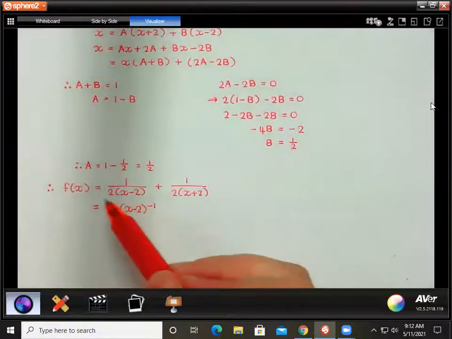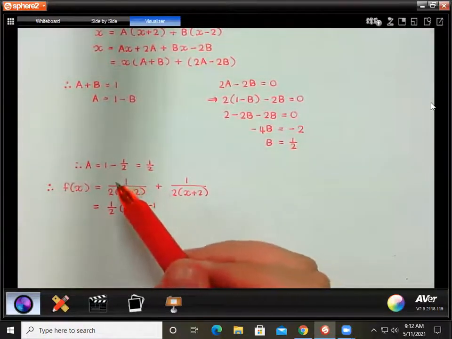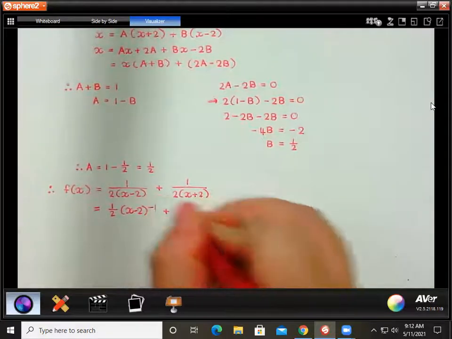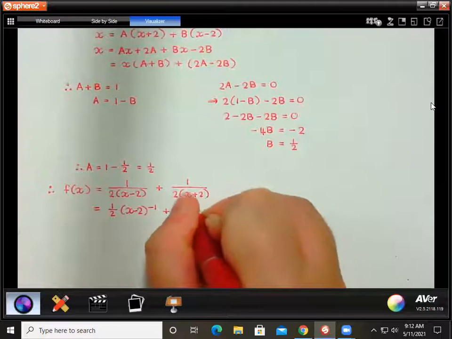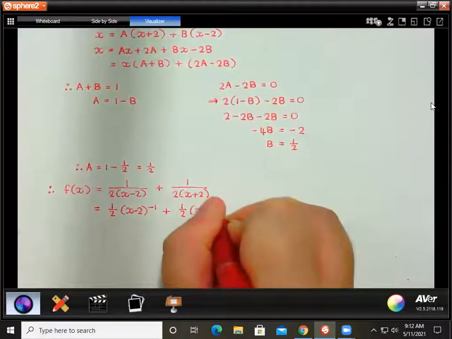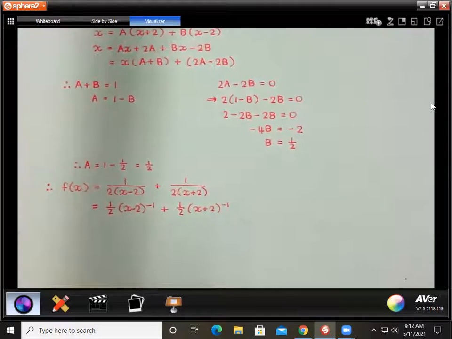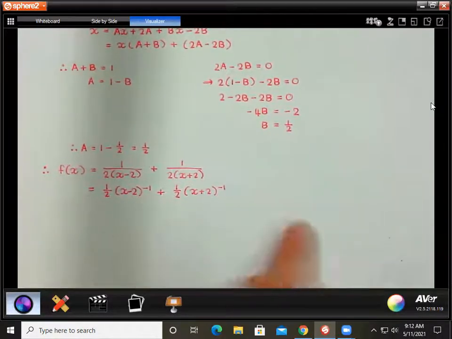Instead of now trying to use quotient rule for this. Plus, we can do the same with the next fraction, a half times x plus 2 to the negative 1. Okay, guys, please find the first and second derivatives of this function for me on your own, so of each of those terms.